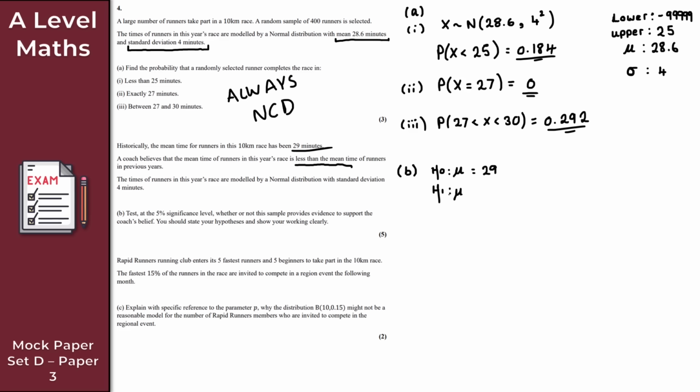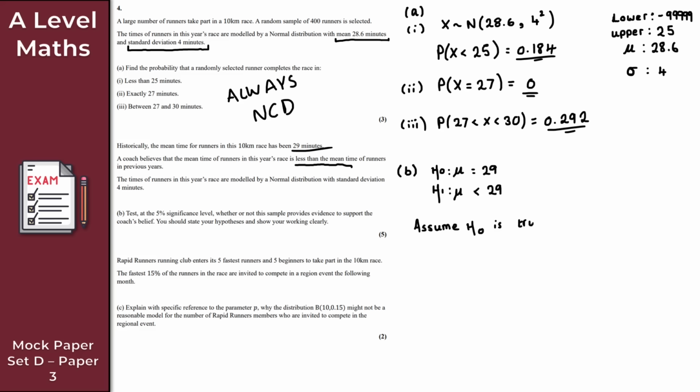And then if we're testing that it's less than, then mu here is strictly less than, right? So mu is less than 29, like so. Okay. Now, for the next step here, what we do then is we assume that H0 is true. So, as I've just said then, we assume that H0 is true.